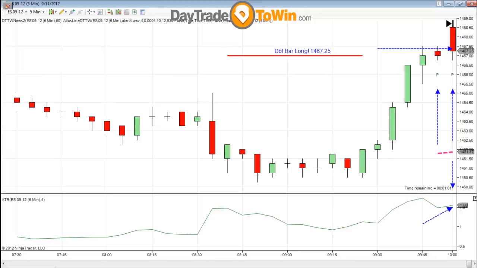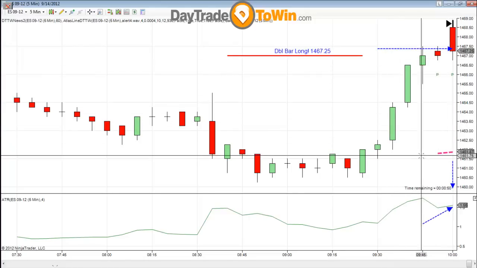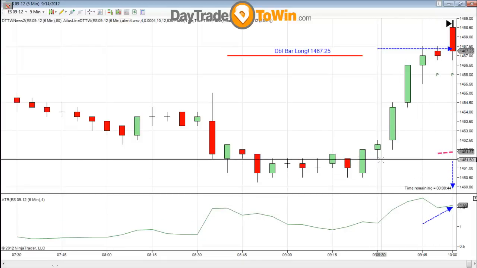So I'm going to use that as my profit target, 1.5 points. So if I go long at 14.67, because we have 2 consecutive closings above the Atlas line here, I can tell you that 1.5 points is what I expect.